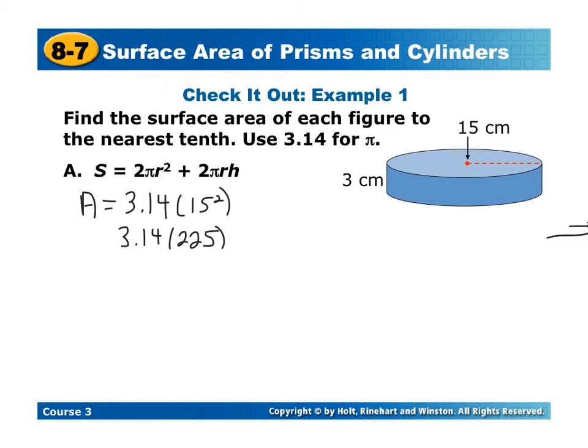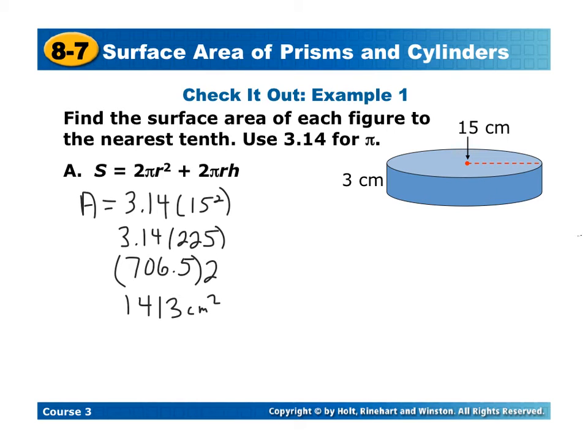And now I'm going to take that times 3.14, and I get 706.5. Now, because there are two circles, I'm going to multiply that by 2 or double it, which gives us 1,413 centimeters squared as the area of our two bases.